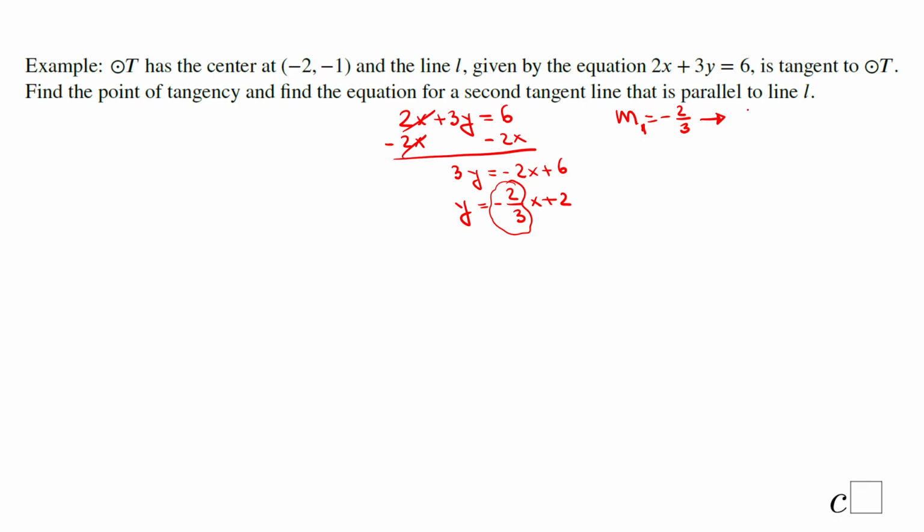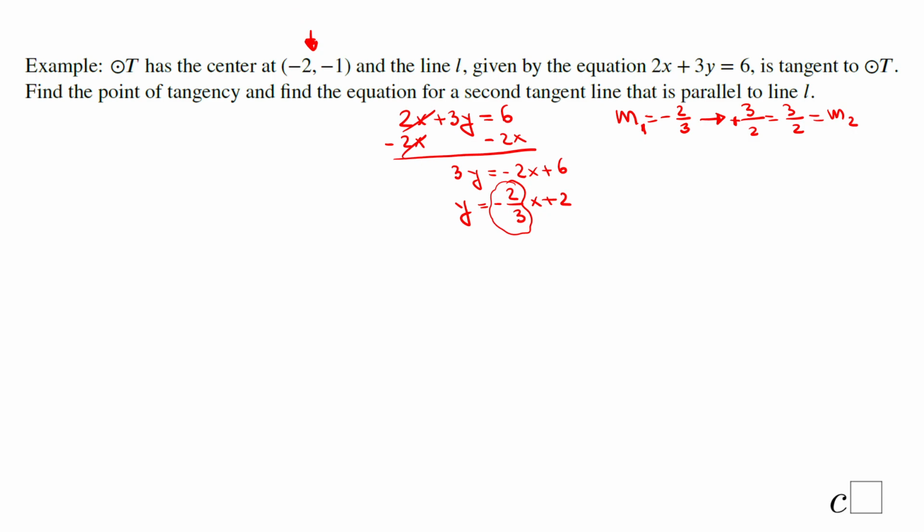So we flip it and we change the sign. That would be just 3/2, right? That is the slope of a second line that is perpendicular to line L. This is the line that contains the center and the radius, obviously.